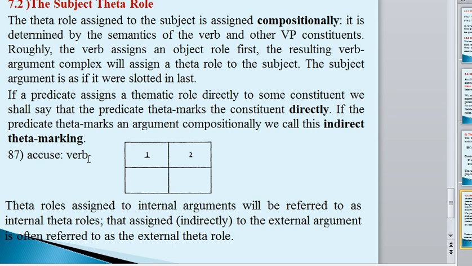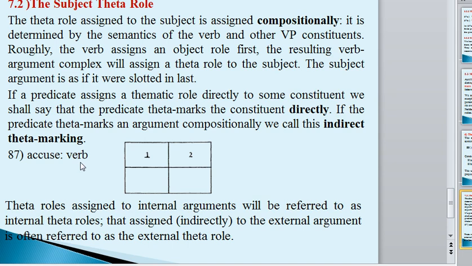The subject argument is as if it were slotted in last. So first the verb assigns the theta role to the object, then both of these, the verb and the object, compositionally assign a theta role to the subject. If a predicate assigns a thematic role directly to some constituent, we say that the predicate theta-marks the constituent directly.